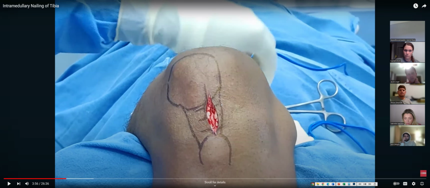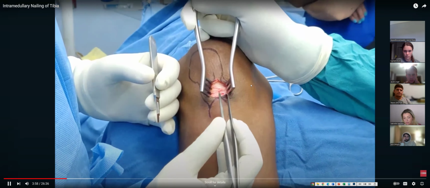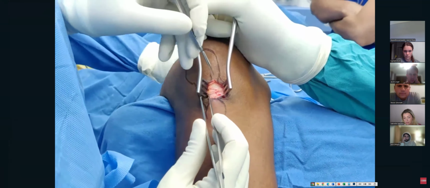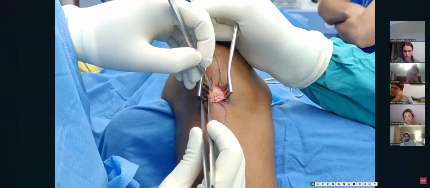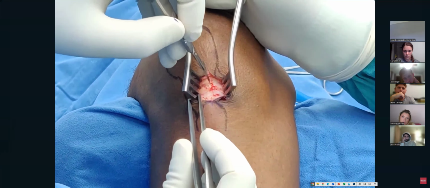So they must be designed in a way that they can be inserted through this incision without injuring the tissues here. You have taken the skin down, you have taken the subcutaneous fat down, staying in the same midline. You're just going to stay in the midline.